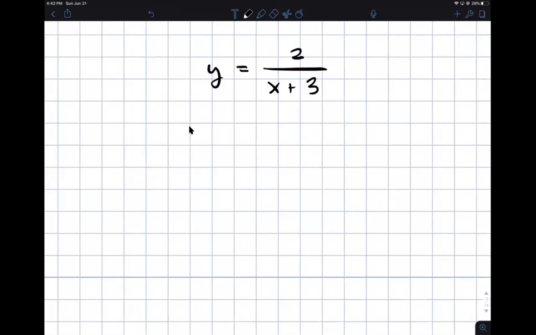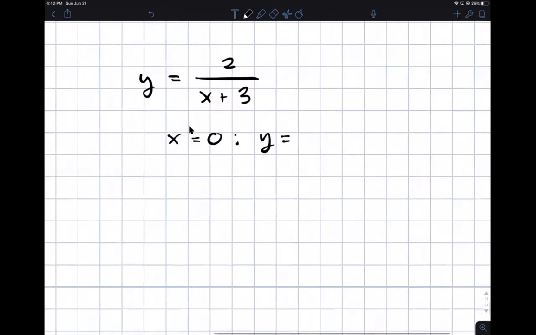Okay, so for this one, what can x not be? 0. Well, plug in x equals 0, what does y equal? 2/3. Yeah, y is just 2/3, so it's completely fine if x equals 0, right?